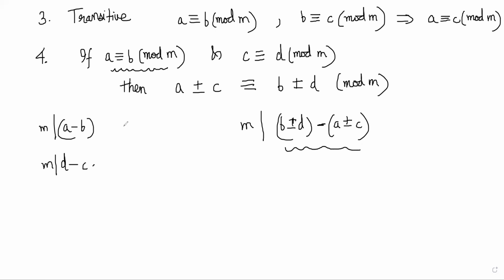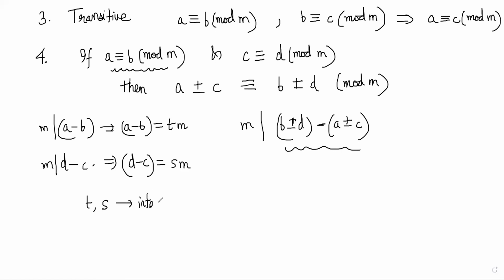That is very easy to show because you can write A minus B as some Tm and D minus C as some Sm, where T and S are integers. And obviously now you can take a combination of these to construct B plus D minus A plus C. And you'll get a new integer and you can show that M will divide this also, right?